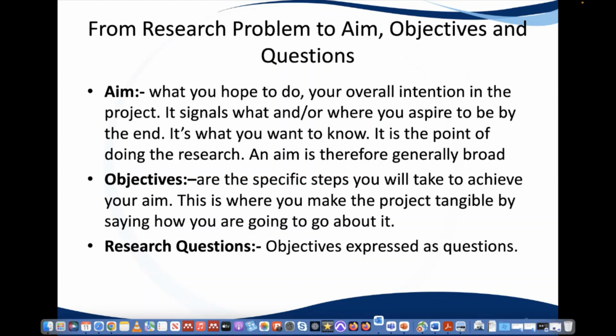Someone who's doing a full master's dissertation will have between 3 and 5 objectives. And someone who's doing a doctorate will have generally about 5 to 8 objectives.